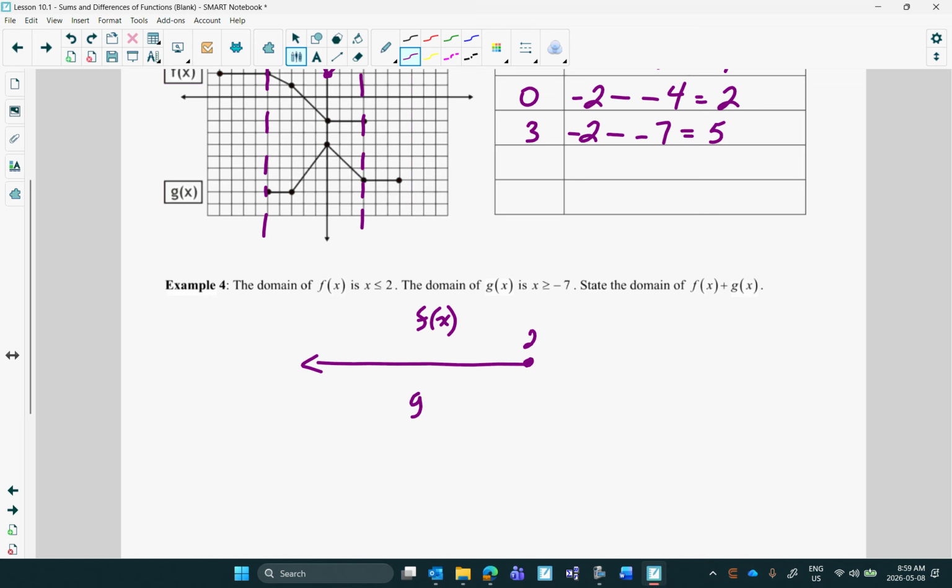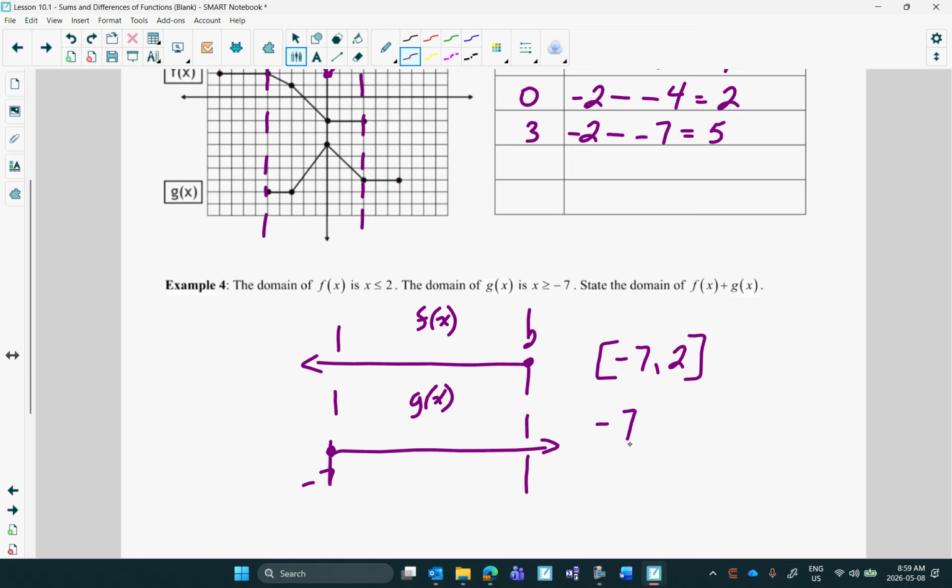G of x starts at -7 down here and goes like that. So what's in common? Everything from -7 to +2. So we would just write this. Or you could write it like this if you want to use set notation. It doesn't matter. Both are correct.